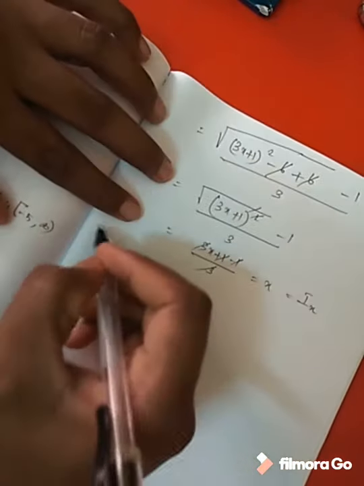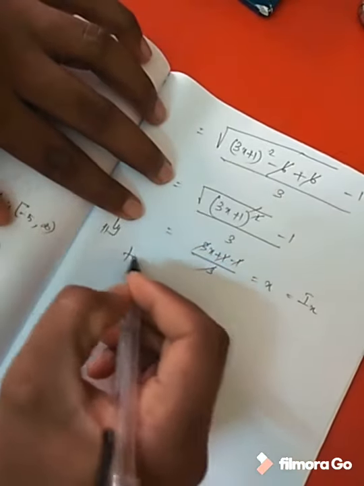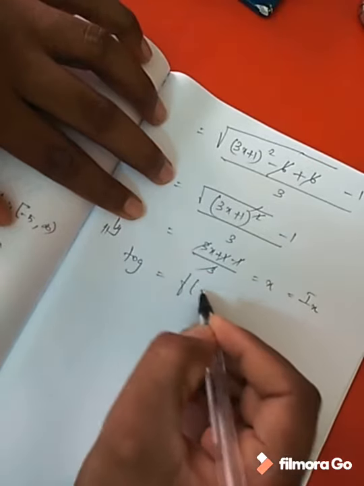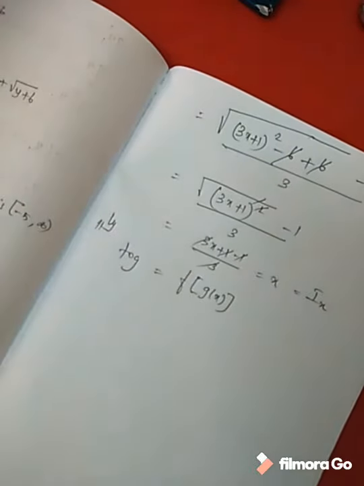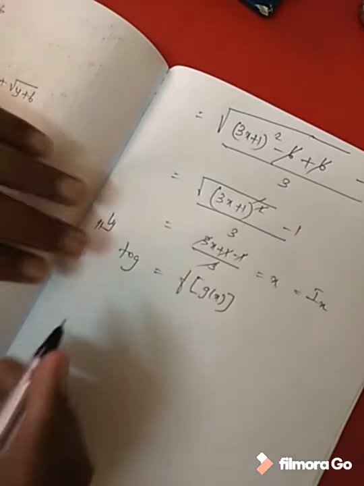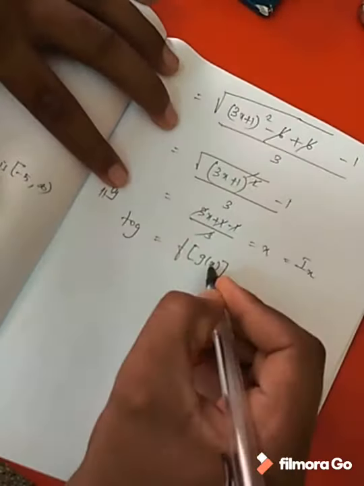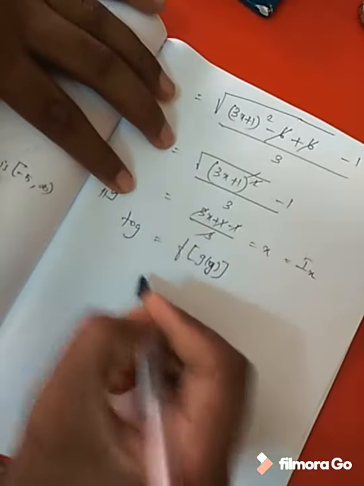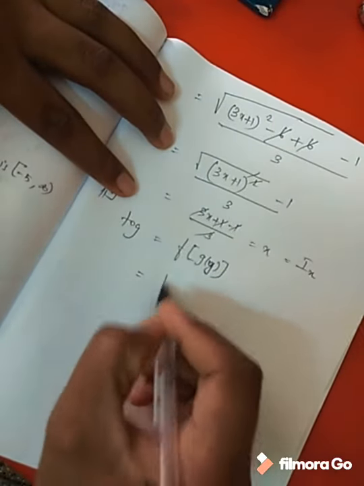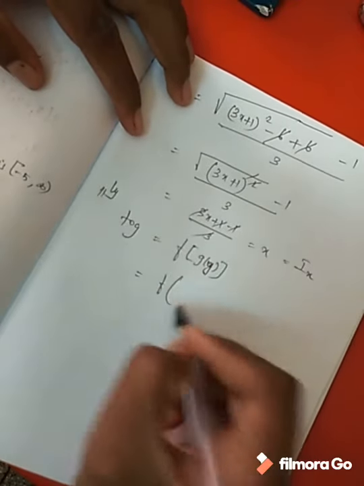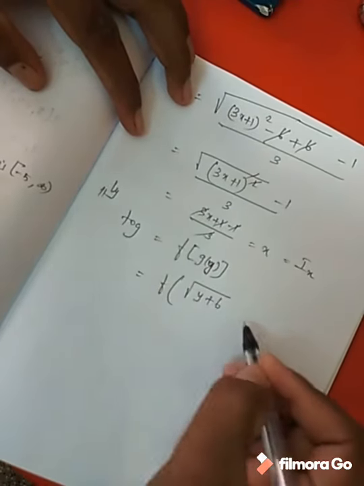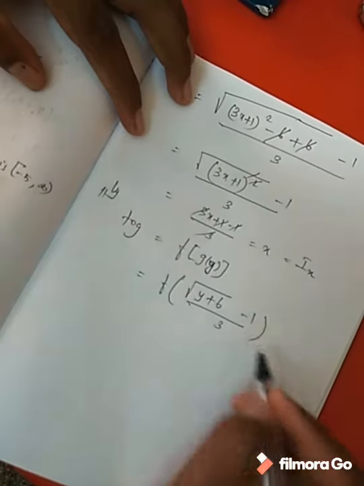Okay, similarly I am going to find f of g of y. So it can be written as f of, what is g of y? g of y is root over y plus 6 minus 1, whole divided by 3.